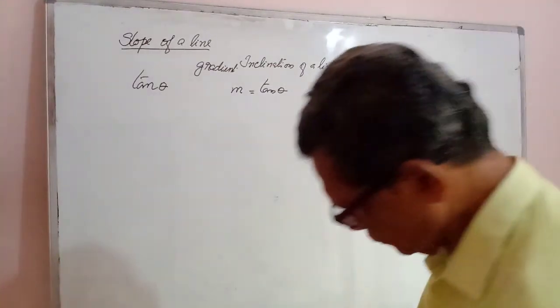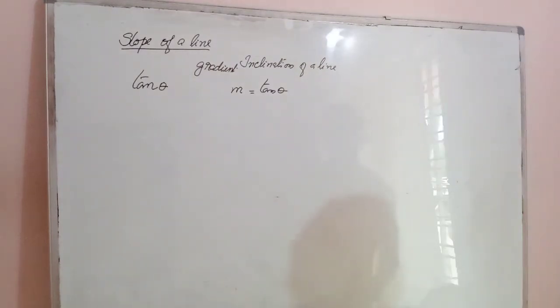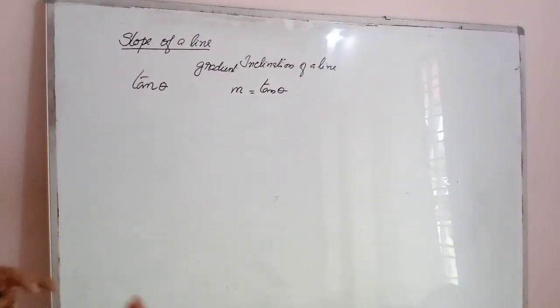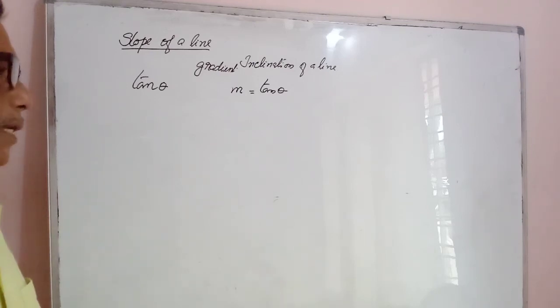Then the slope of a horizontal line is 0, because the angle made by a horizontal line with the x-axis in the positive direction measured anti-clockwise is 0. So its slope is equal to tan 0.